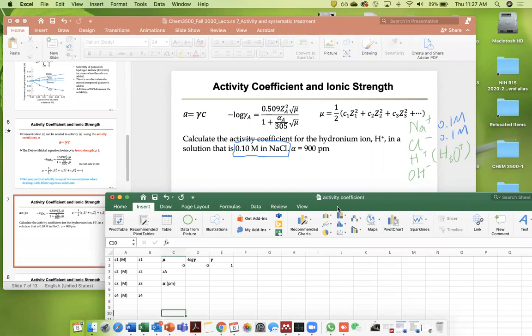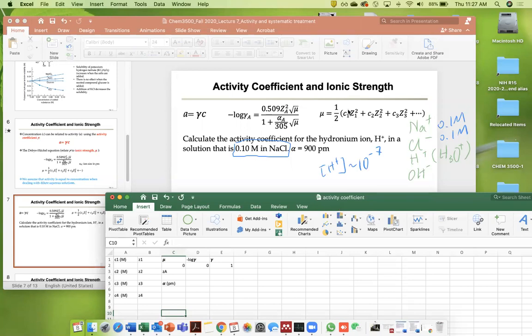What about hydronium and hydroxide? All right, so it is supposed to be a neutralized solution, right? Because we have sodium chloride, so it's about pH 7. Then you know that the concentration of hydronium should be about 10 to the negative 7.